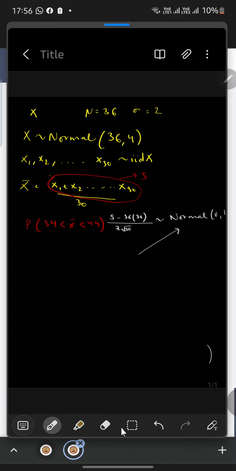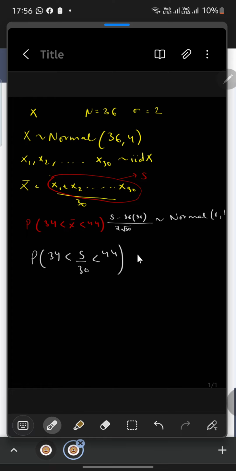Now to find this, we will say the probability that s by 30 lies from 34 to 44, right? It would be 36, so 36 minus 2, and here this would be 36 plus 8.